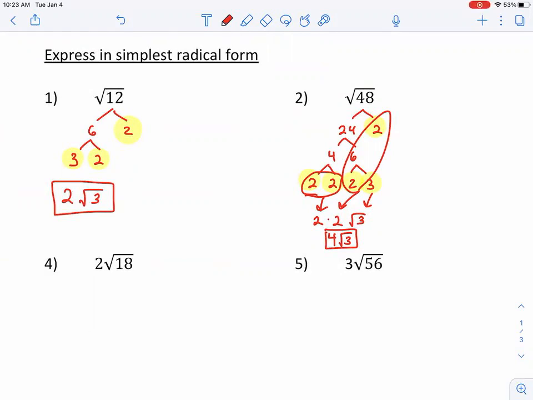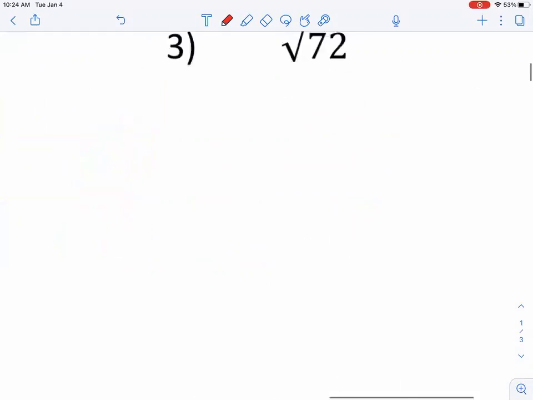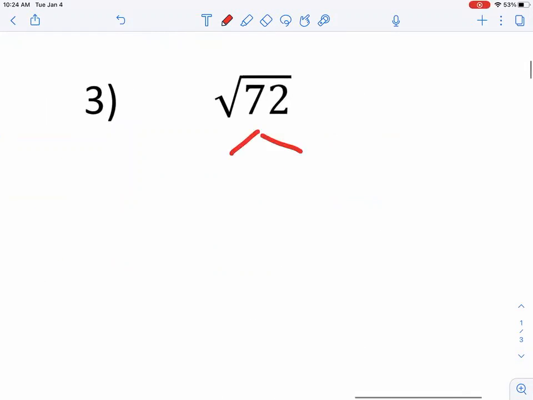So we do this prime factoring. Pairs go on the outside. Leftover stuff stays underneath. All right, let's do the next one. We have 72. 72 is even, so I could do 2 times 36, right? So I'll split that up into 2 and 36.